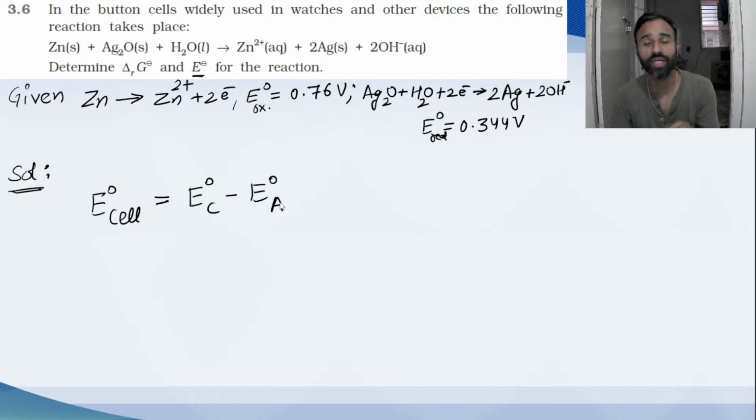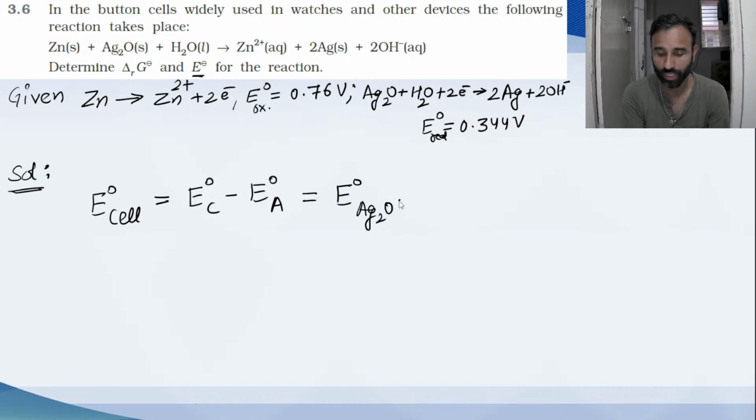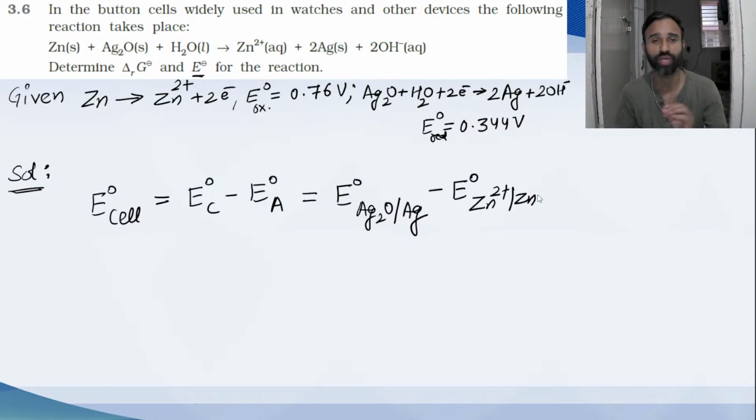These E° are reduction potentials: reduction potential of cathode minus reduction potential of anode. Now, E° cathode. What is cathode? This one, Ag₂O to Ag, that is cathode. And what is anode? Zn²⁺ to Zn.